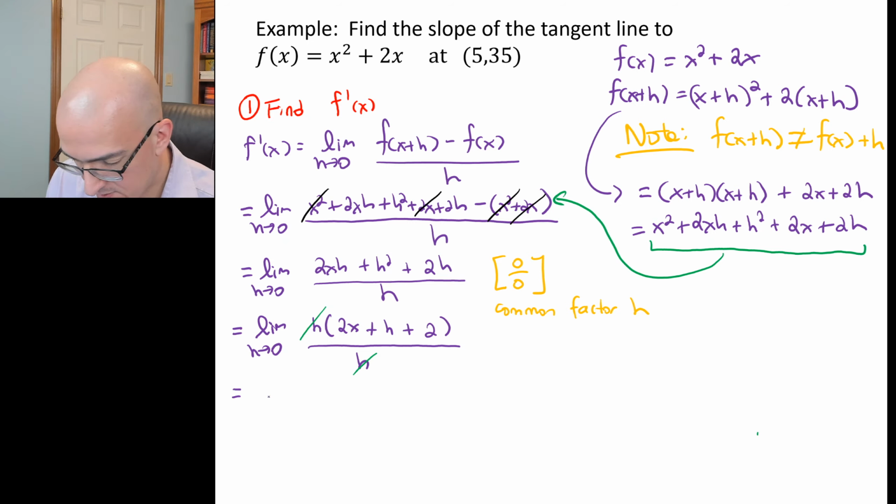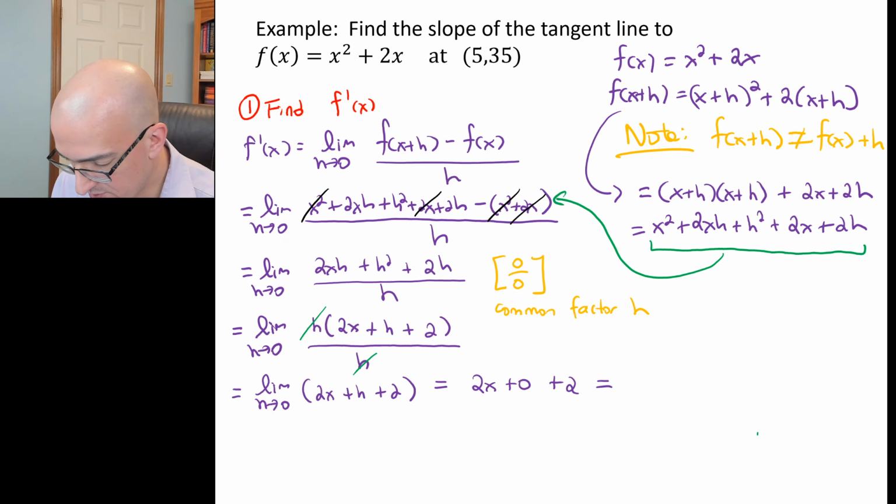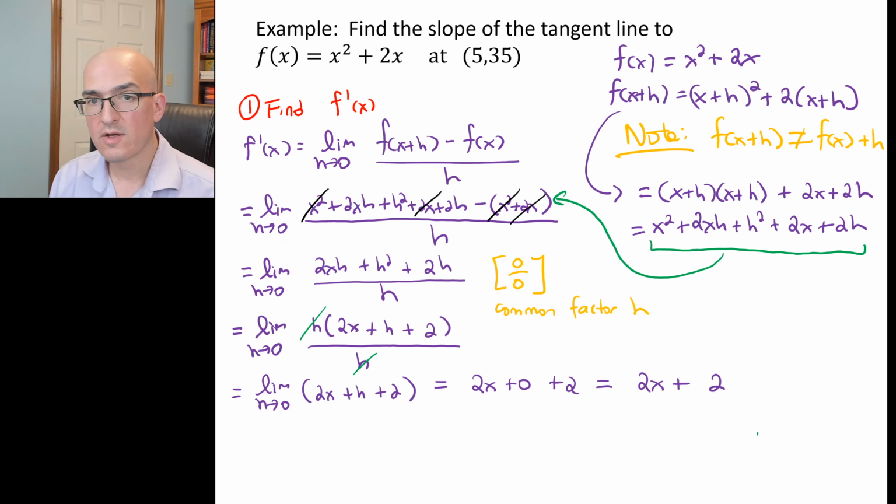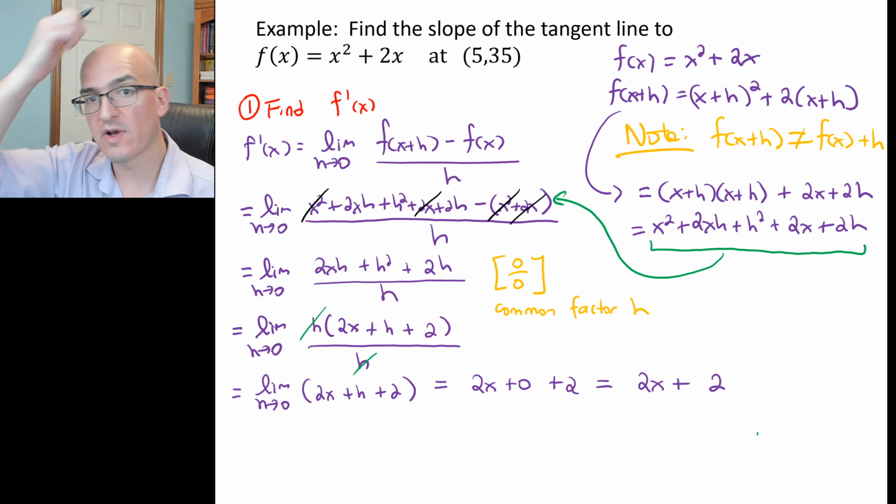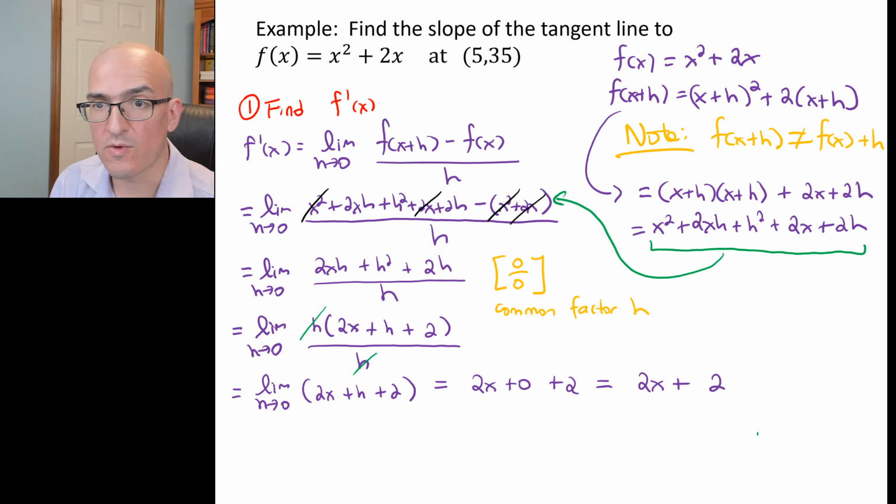Now we're left with the limit as h approaches 0 of 2x plus h plus 2. We can evaluate that. We get 2x plus 0 plus 2, which is equal to 2x plus 2. That describes the derivative of the function for any x coordinate.